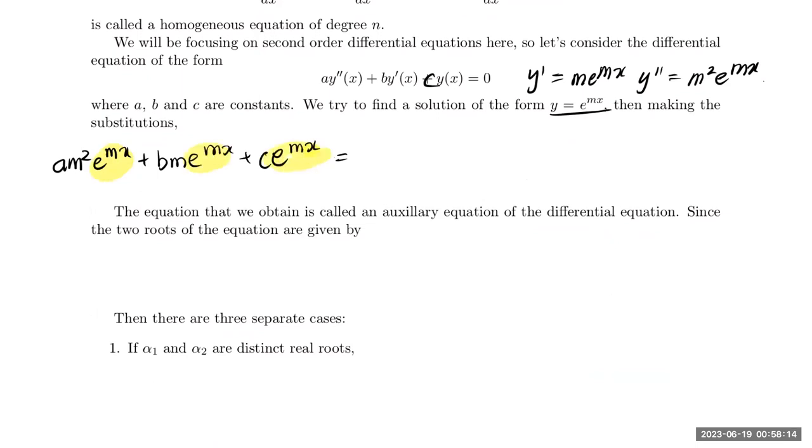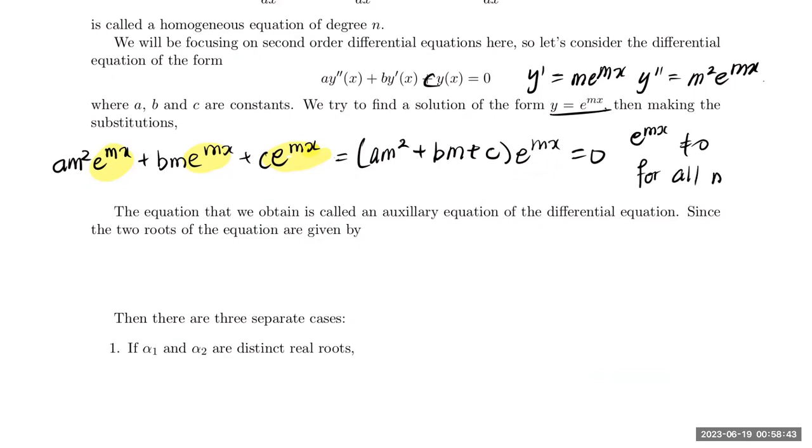So that means what we have is a m squared plus b m plus c, times e to the mx, equal to 0. Now it's important to note that if we want to solve this equation for m here, our e to the power mx will never equal 0. So e to the mx cannot equal 0 for any m.